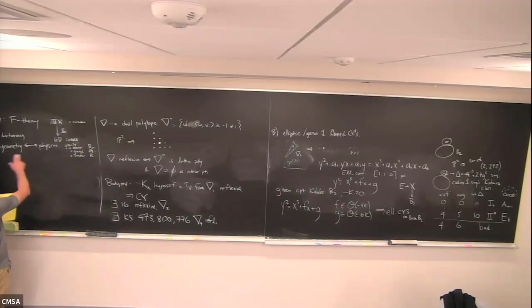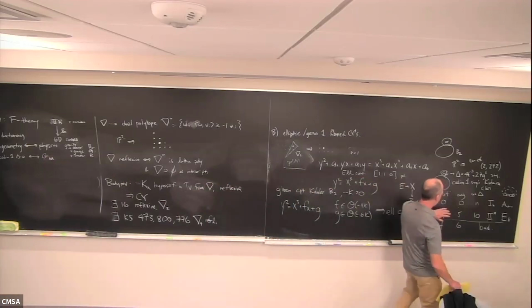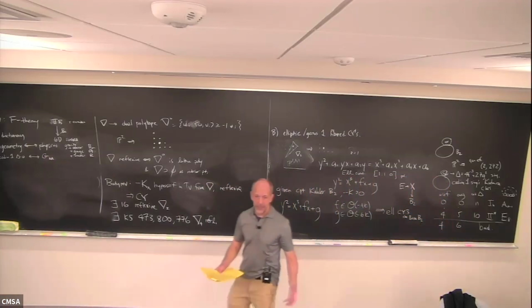So let me just say a little bit about this dictionary of geometry to physics. These codimension 1 singularities map to, in the physics language, the non-abelian gauge group. So for instance, if we have an E8 singularity, on the physics side, that corresponds to an actual E8 gauge group.